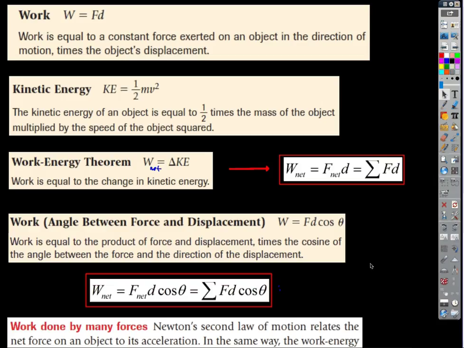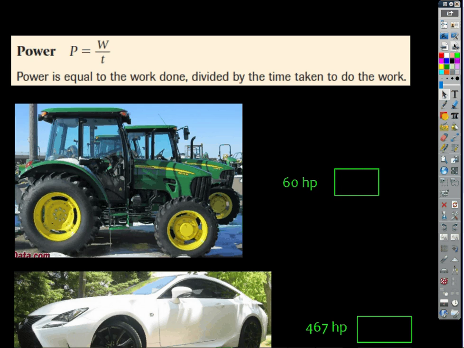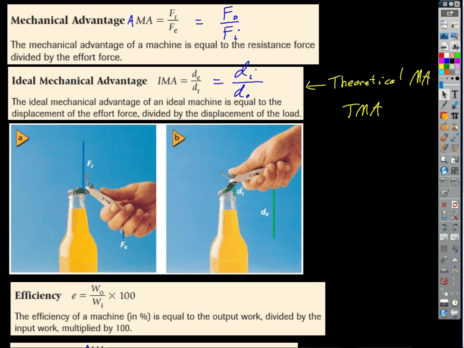Simple machine. It's more like simple machines. So we looked at levers in great detail, right?